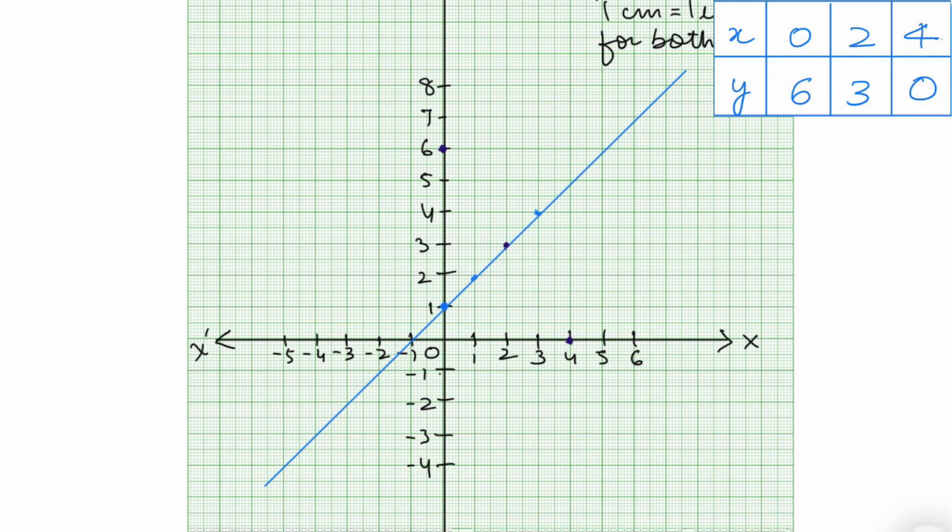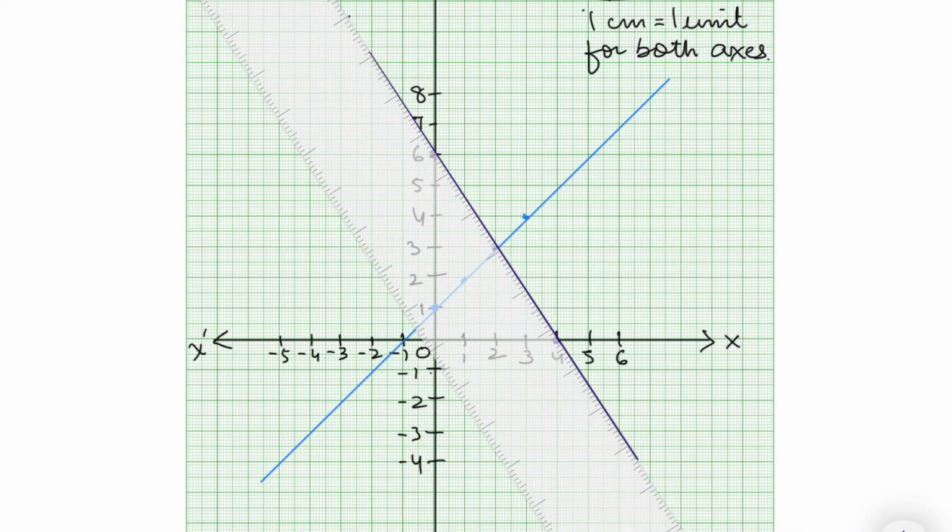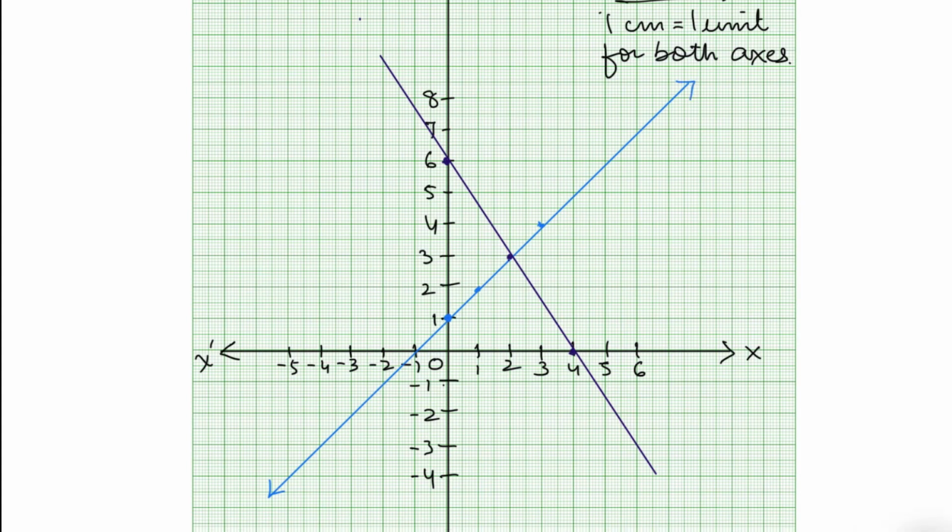Let's join now. So this is the second line. This line is x minus y plus 1 is equal to 0. And this line is 3x plus 2y minus 12 is equal to 0.